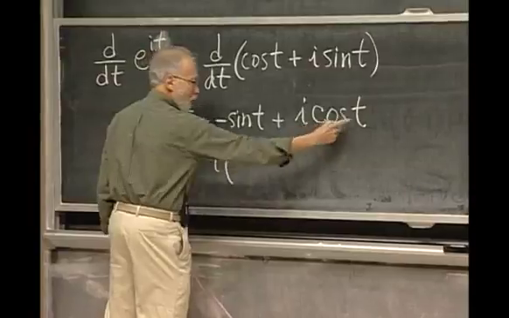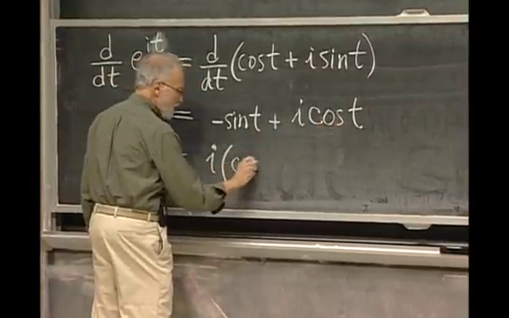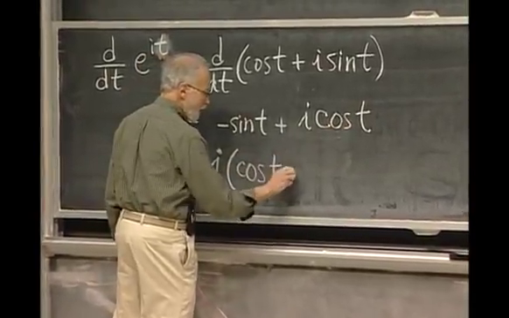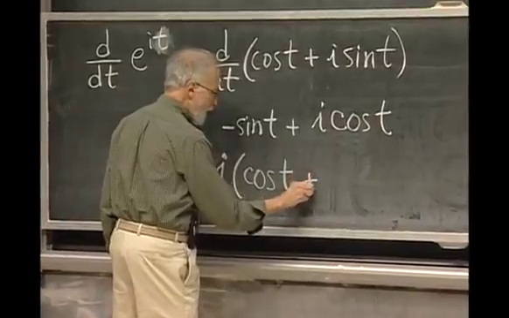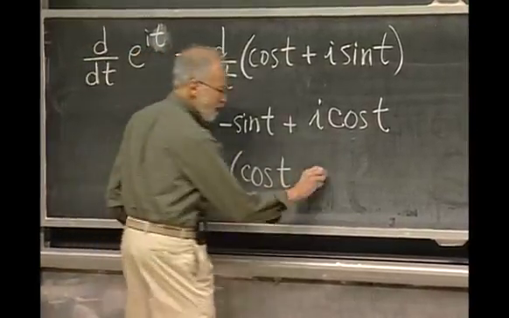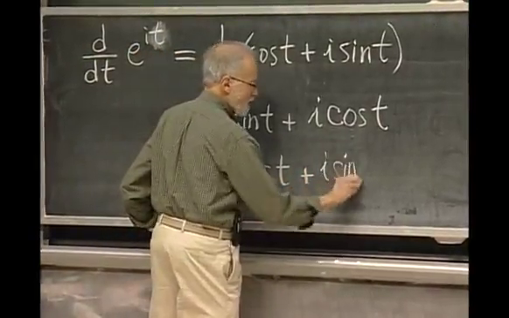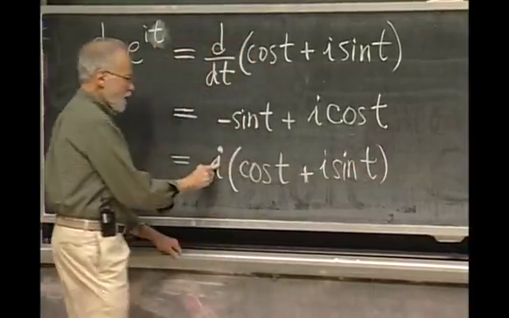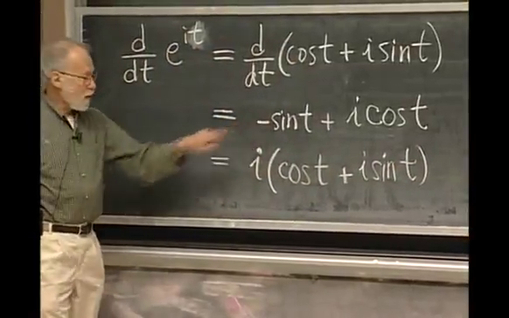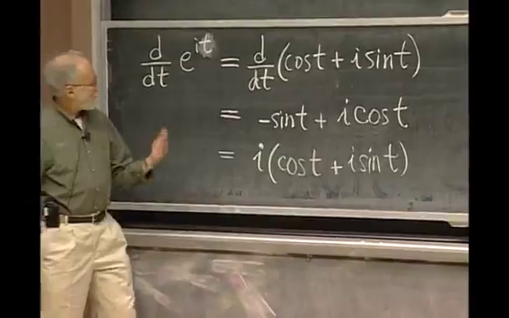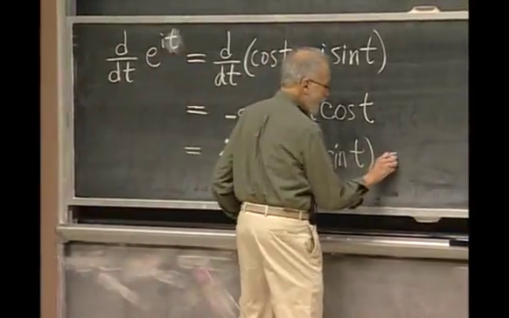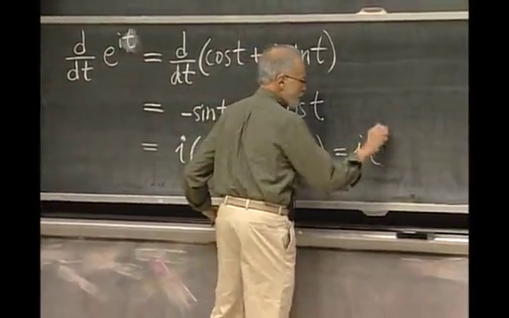Well, now the real part of what's left will be cosine t. And how about the imaginary part? You see it will be I sine t, because I times I gives me that negative 1. And what's that? E to the it. I times e to the it.